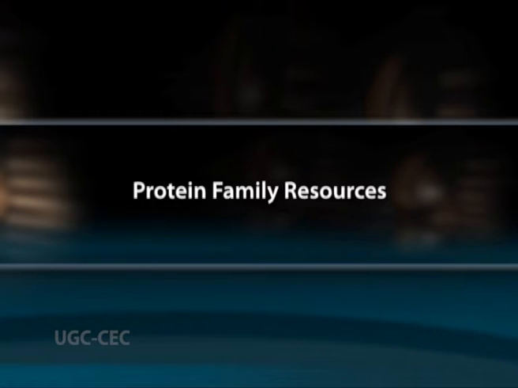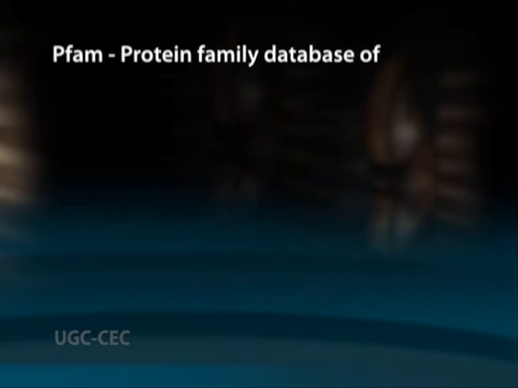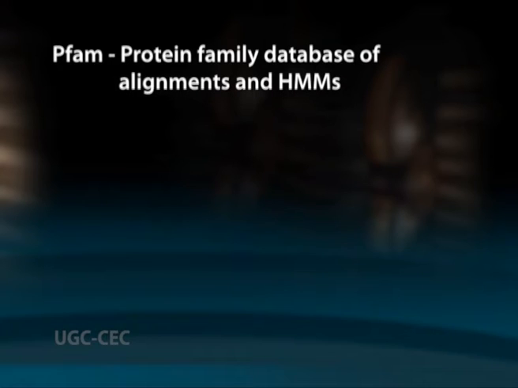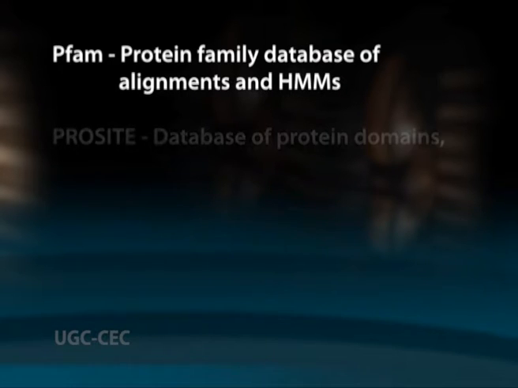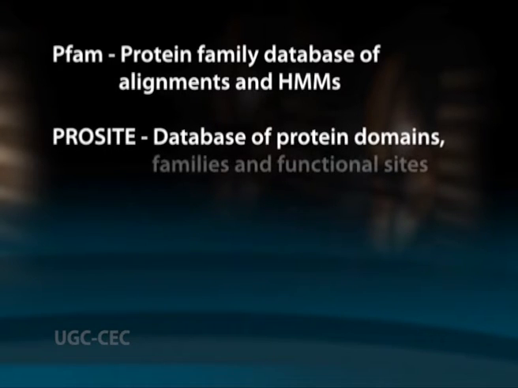Now let us move to protein family resources. There are many biological databases that record examples of protein families and allow users to identify if newly identified proteins belong to a known family. Here are a few examples. Pfam is a protein family database of alignments and HMMs, or hidden Markov models.